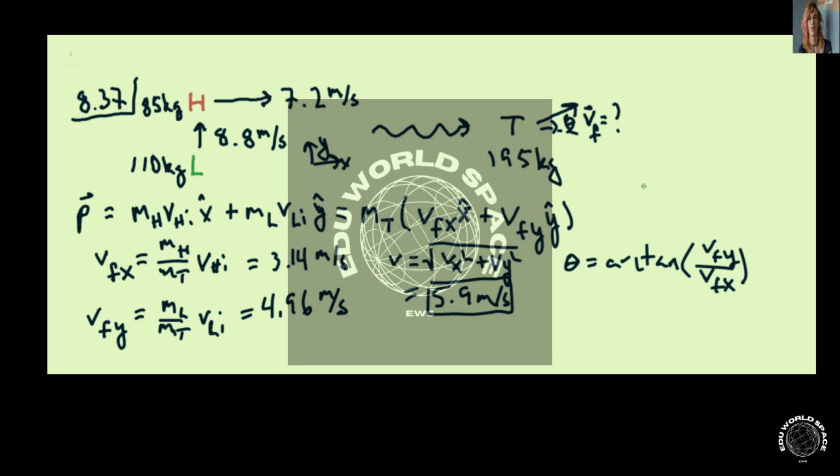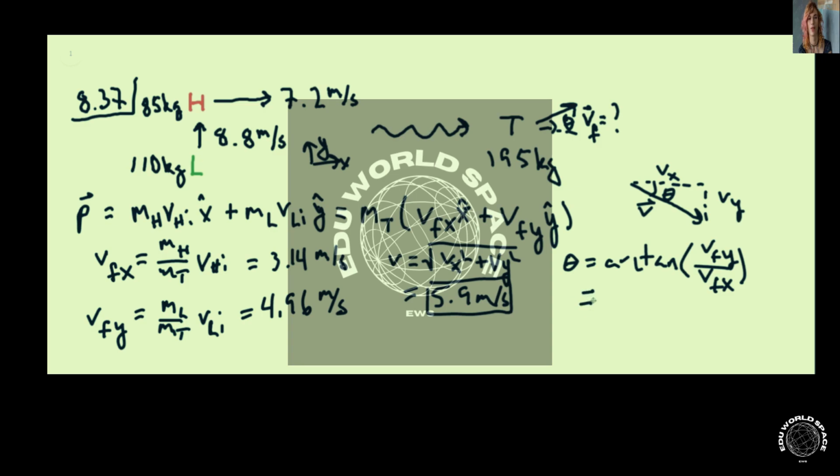And to remember how to do this, imagine we have any vector you like, which in this case v could be for velocity or for vector, dx, dy, theta, and then we know that the tangent of theta is the opposite over the adjacent, and then just take the arctangent of both sides, and you get theta equals arctangent of this ratio.